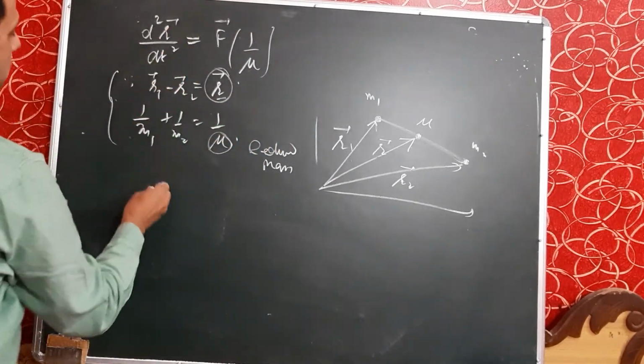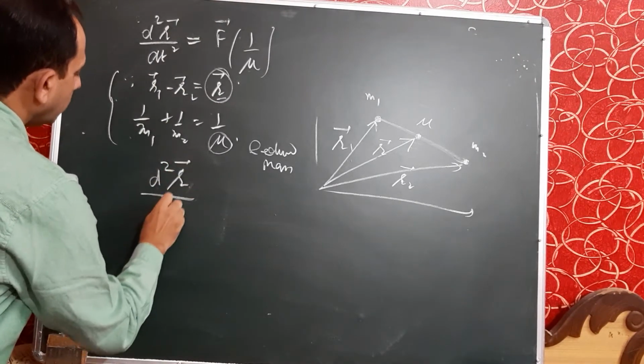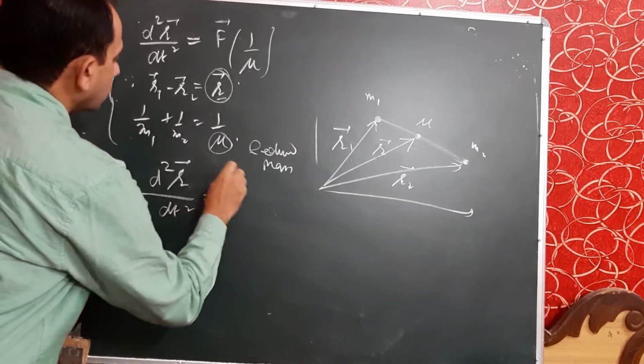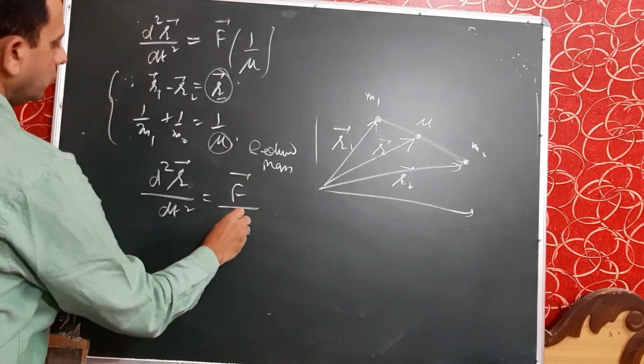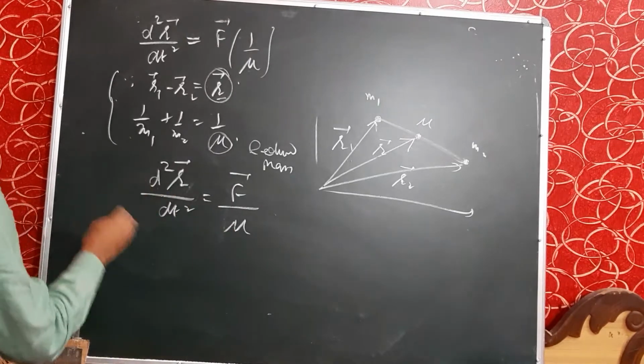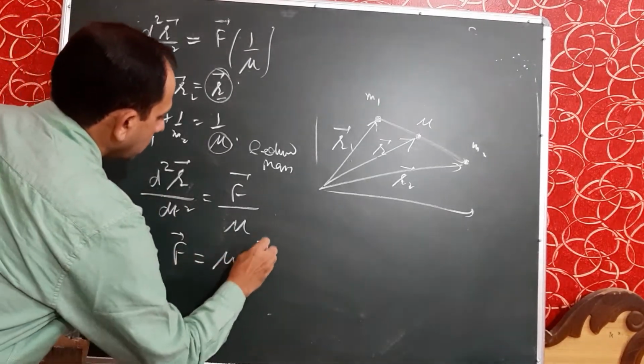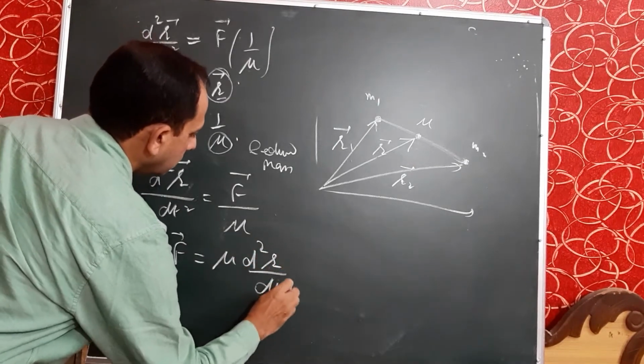So this formula is d²r/dt² = F/μ, or if we multiply by μ, then it becomes F = μ d²r/dt².